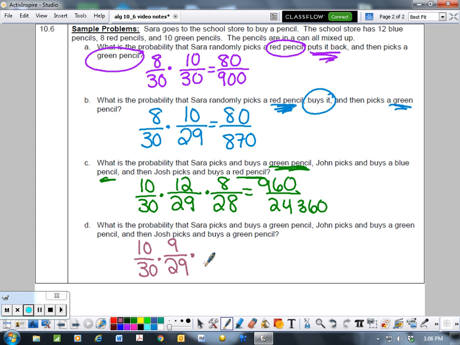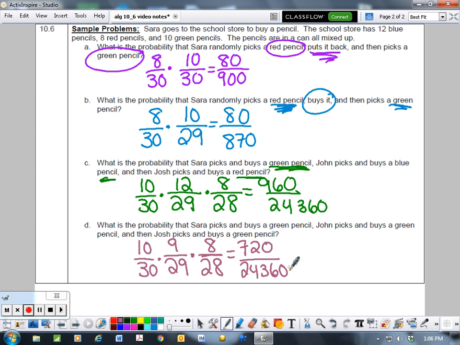Wait, that was John, so now we're up to Josh. So Josh, now there's only 28 pencils and only 8 of them are green. So now we have 10 times 9 times 8 over, so that's 720. And what's nice is that bottom number is still 24,360. And we can leave our numbers like that just in case.